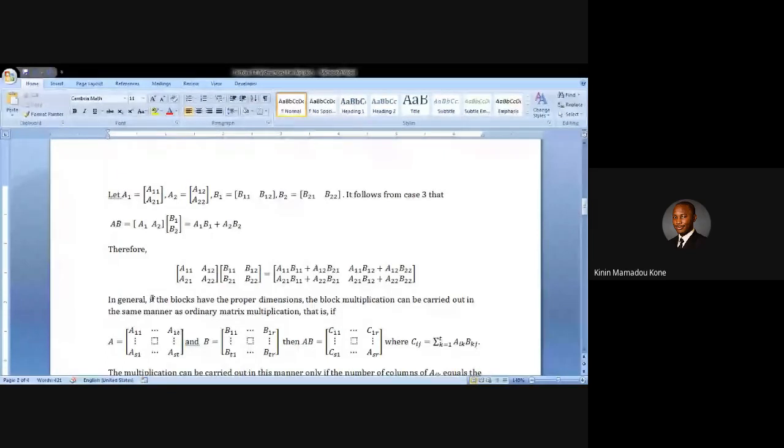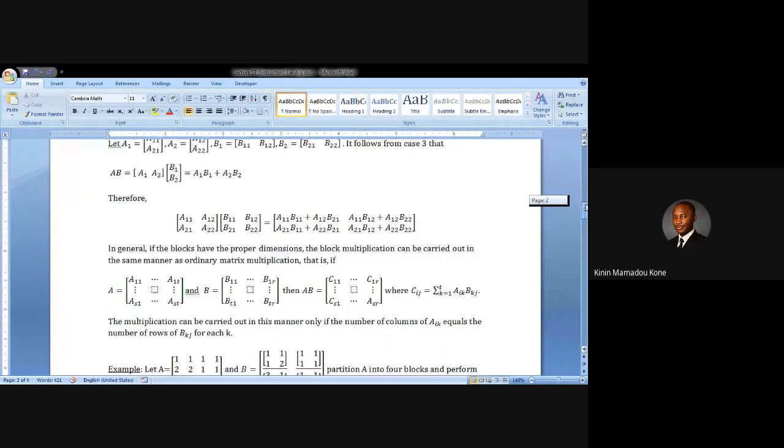So in general, if the blocks have proper dimensions, the block multiplication can be carried out in the same manner as ordinary matrix multiplication.